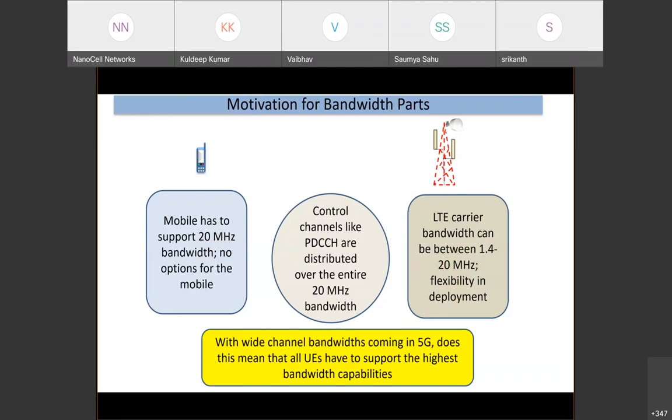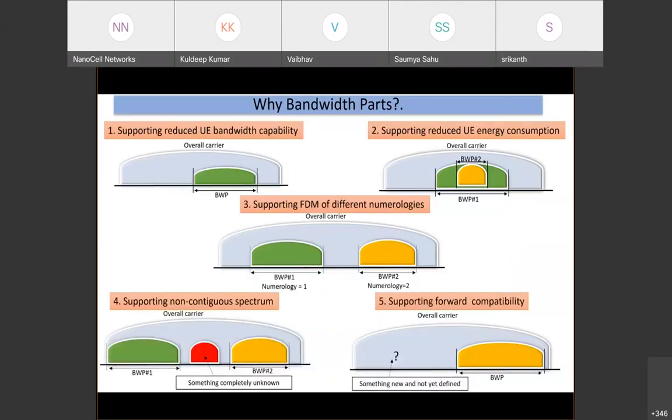So learning from all these lessons, 5G decided we will have to work more flexibly, give some space for these guys to innovate to operate at different bandwidths, allow these bandwidths to be expandable, etc. So that's the motivation for bandwidth parts. So here you can see that the carrier's bandwidth could be much larger than what the mobile is capable of supporting.